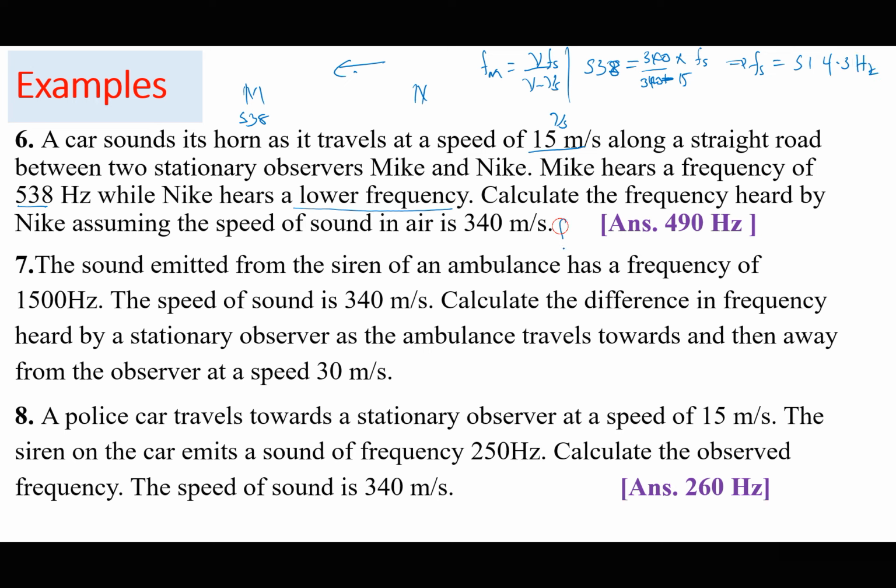Now the frequency observed by Nick, I'll call it Fn, is going to be V times the frequency of the source divided by V plus, because Nick has a lower frequency, so it is going to be plus the speed of the source. That is 340 divided by 340 plus 15, then times 514.3.